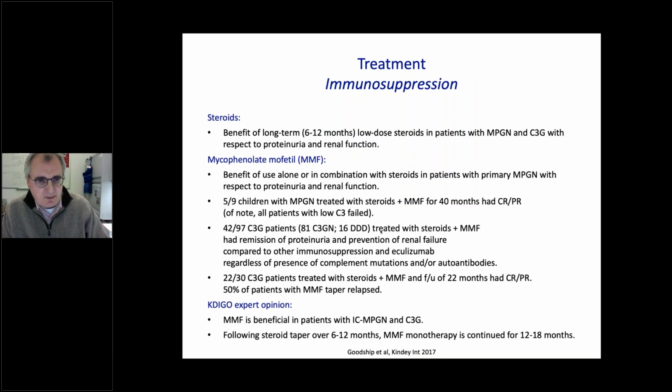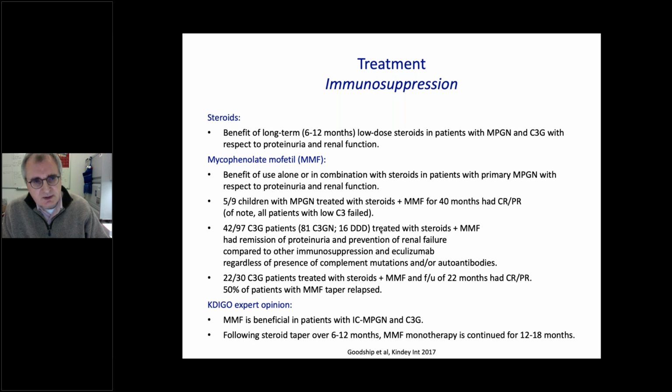What do we have? We have evidence in the literature that supports the use of immunosuppression. It mainly supports the use of steroids and MMF, either alone or in combination, in particular the MMF.